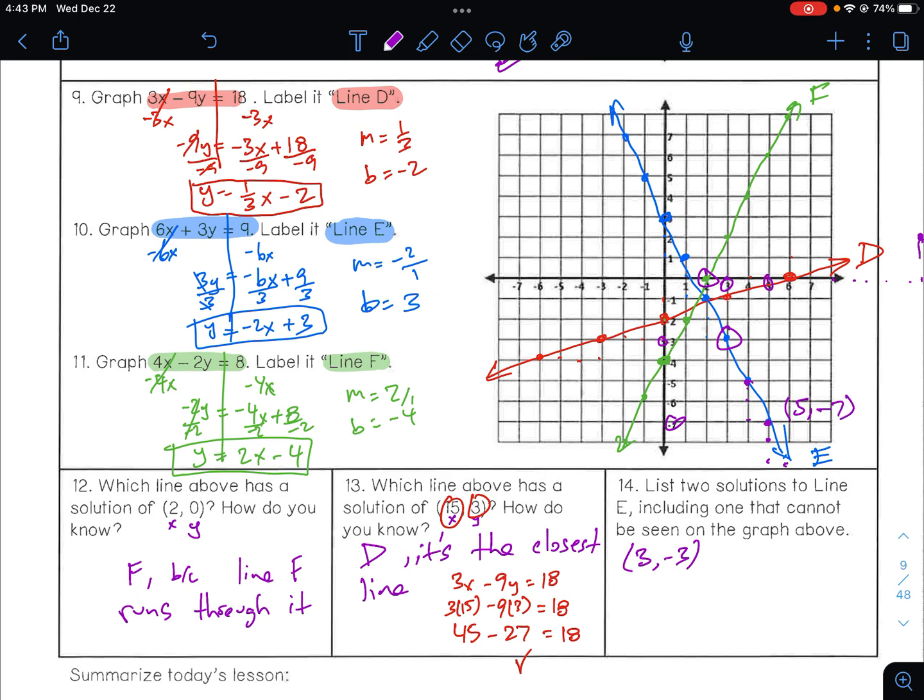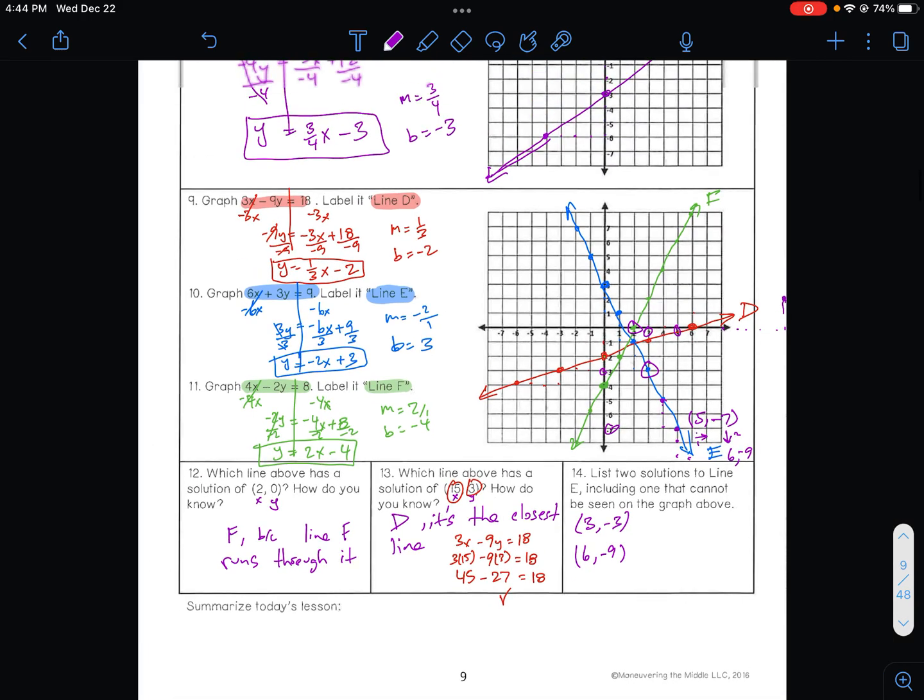So if I go down by 2 and I go run 1, go right by 1, that means negative 7 would turn into negative 9, and 5 would turn into 6. So 6, negative 9 is one. That would be off the grid.